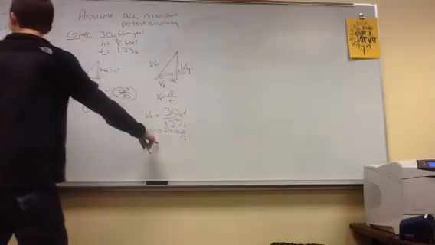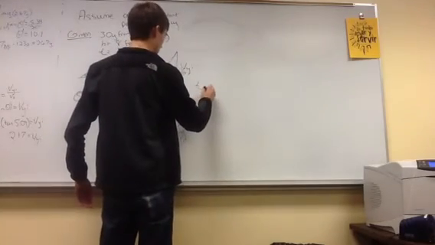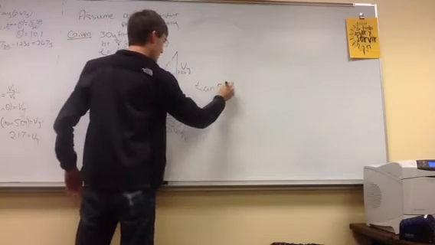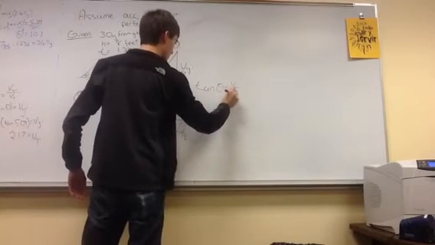Now comes the tricky part, finding vyi. To do this, we're going to have to take the tangent of our theta and multiply it by the vx that we just found.